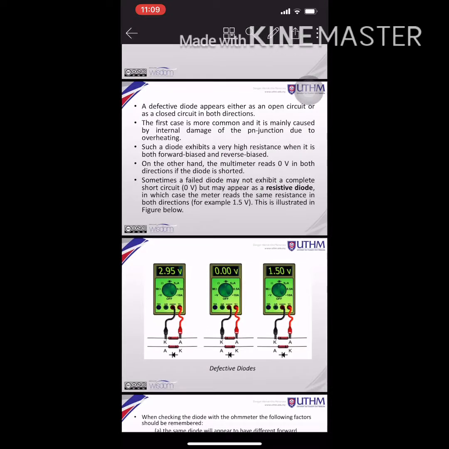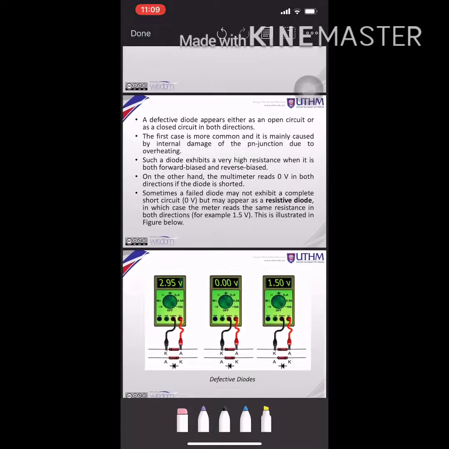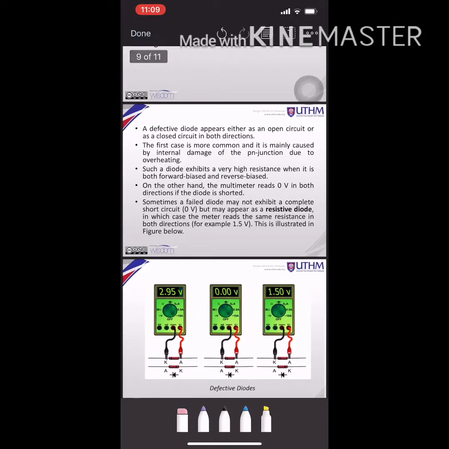So the first case, if you look at this figure, it's more common and it is mainly caused by the internal damage of the PN junction due to overheating. It means that there is some issue in the internal of the diode.